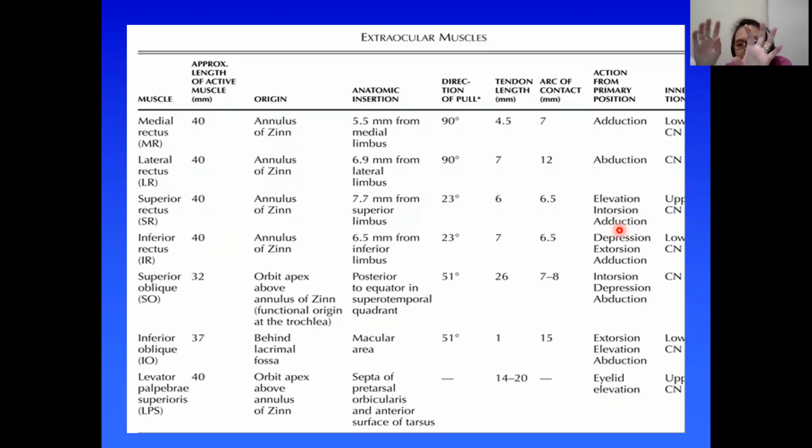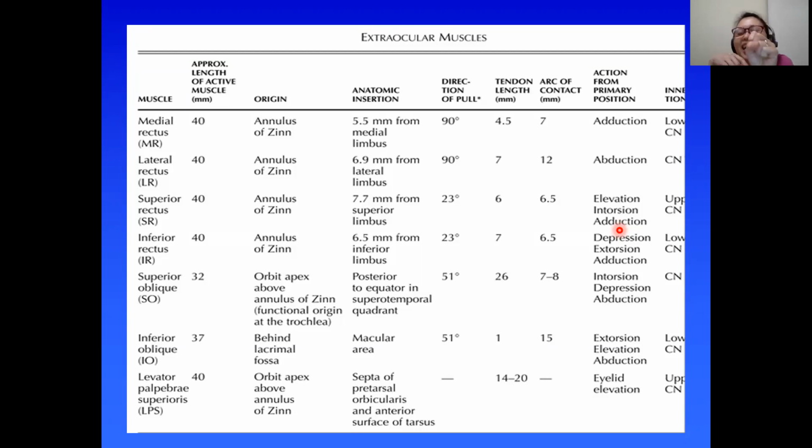Torsion is a rotation, like a ball turning. You can see this on the slit lamp through the limbus of the cornea. Intorsion, extorsion.